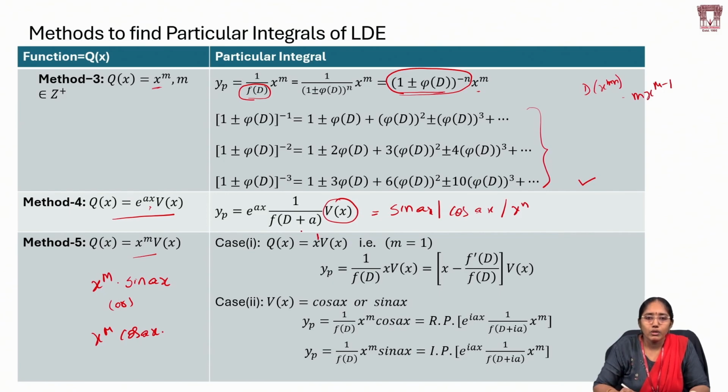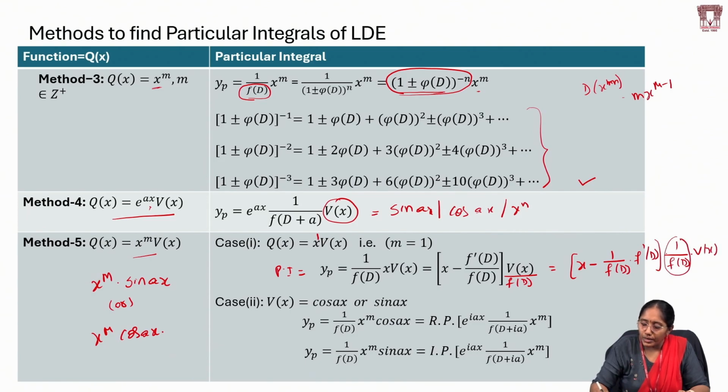Observe, q of x is x power 1 into v of x, then the particular integral, which we can represent as yp or PI, can be found as 1 by f of D into x v of x, which is x minus f dash of D by f of D into v of x by f of D here. It means first apply the operator 1 by f of D on v of x, and then apply the derivative. In this order you need to evaluate it. X minus 1 by f of D into f dash of D into 1 by f of D into v of x.